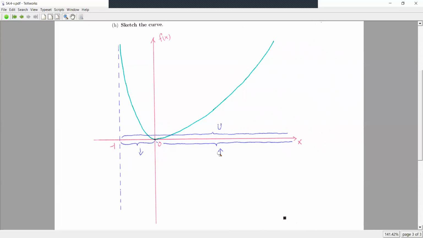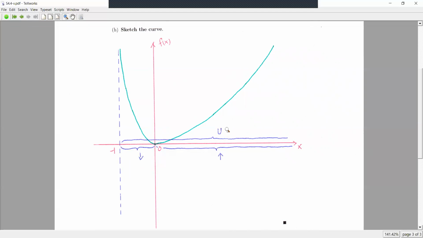From -1 to infinity, the whole domain, the graph is concave up. And also at 0, the graph has a local minimum. The local minimum function value is 0, so mark down the point.